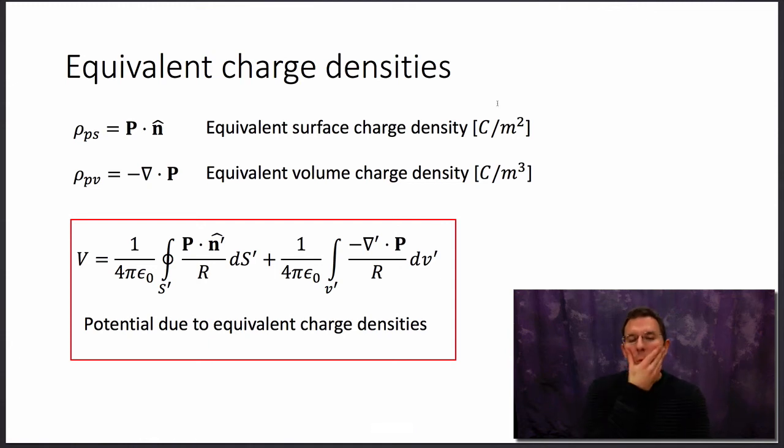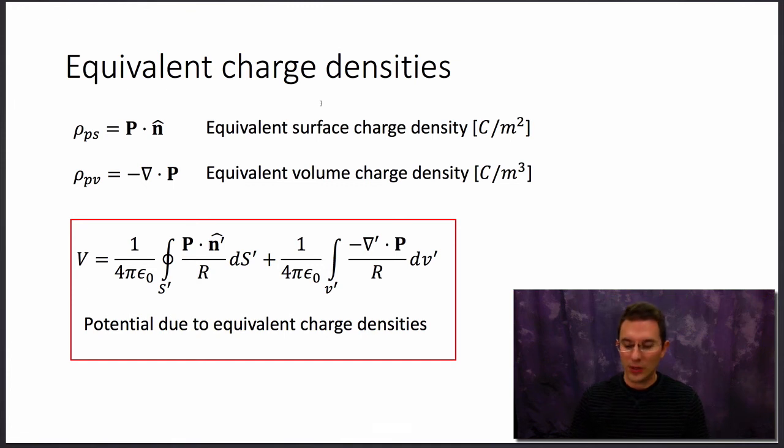Well, what's the effect of this polarization from a potential or from a field's perspective? Well, it turns out that when you polarize a dielectric, what you're doing is creating equivalent charge densities, essentially. That's one way to think about what you're doing.